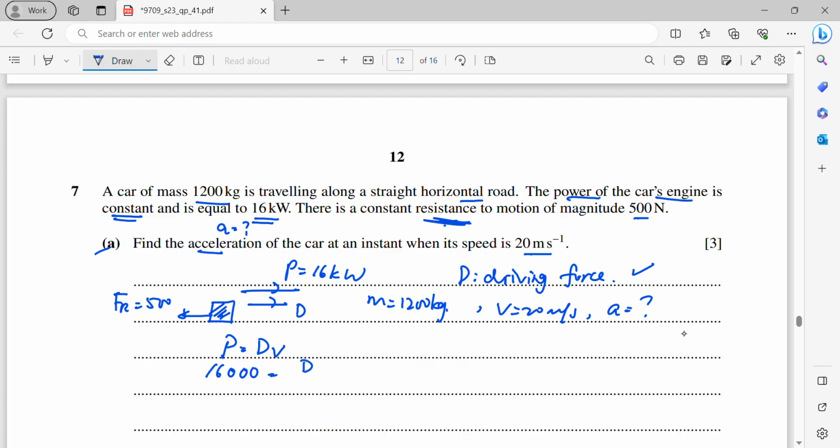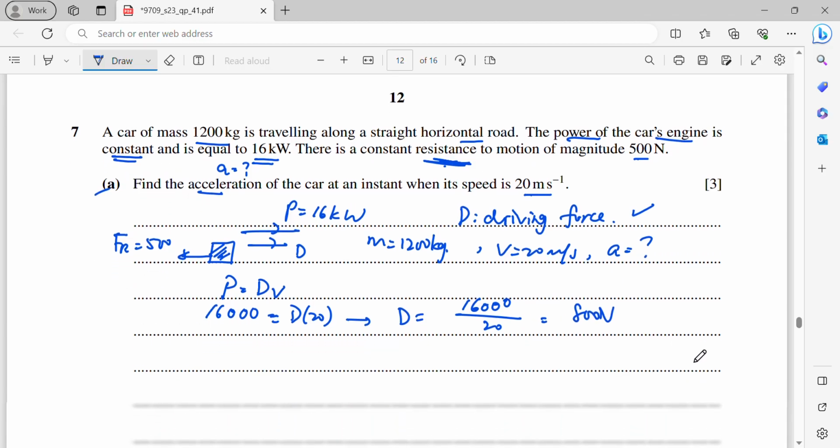So the driving force is not given. The V is 20. Therefore, I know that the D times V, so D times 20. So my D is going to be 16,000 divided by 20, which is 800 newtons. So my driving force is 800 newtons.